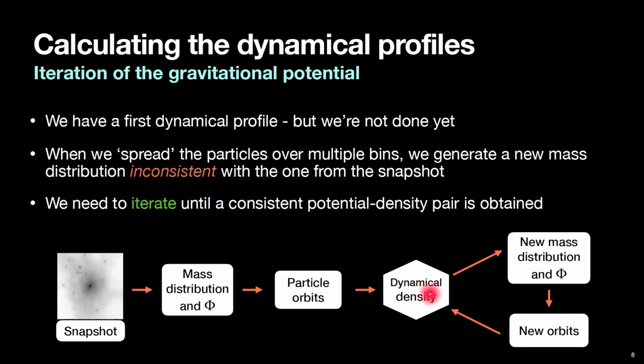This dynamical density implies a different mass distribution from the snapshot. So we need to find the new mass distribution and the new potential, then calculate the new orbits for the particles and repeat this loop a few times until we reach convergence in the density profile.